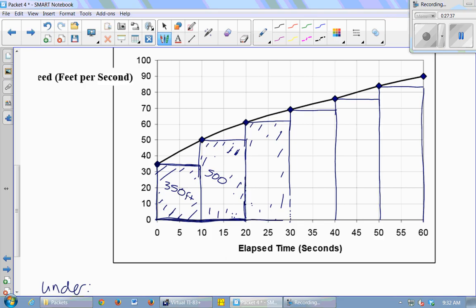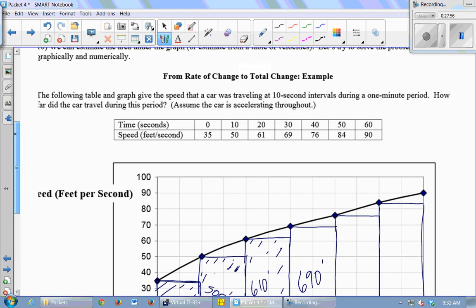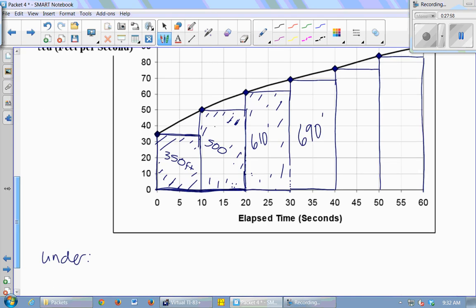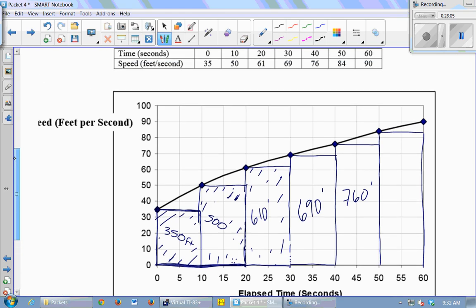And then 10 seconds times 61, I think it was, is 610 feet. And then 10 seconds times 69 is 690 feet. 10 seconds times 76 is 760. And then 10 seconds times 84 is 840 feet.